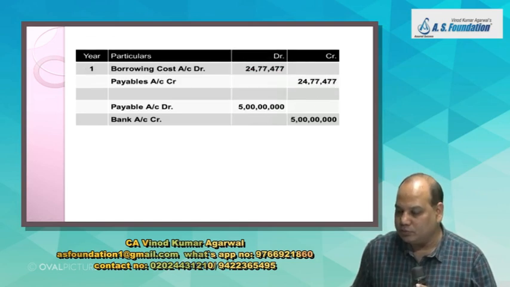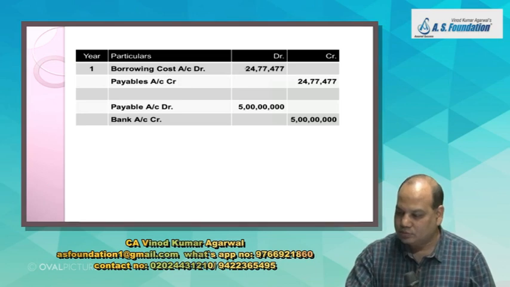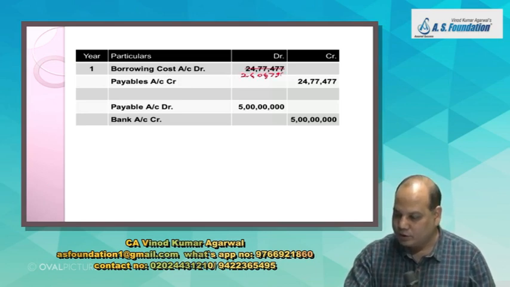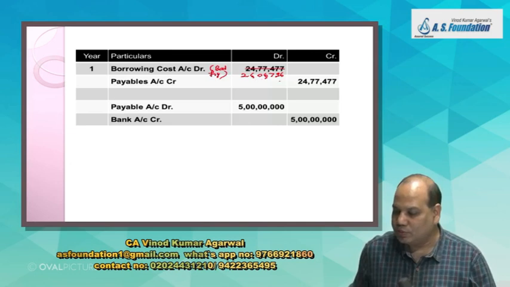So what is the difference now? 26 lakh 6,796. So this will be like a balancing figure. Is it right? No, we have to, no need to take percentage. Take it as a balancing figure. Percentage will be little different.